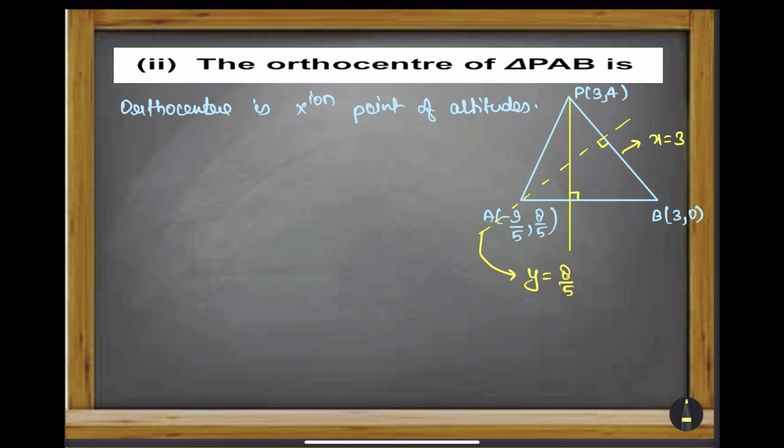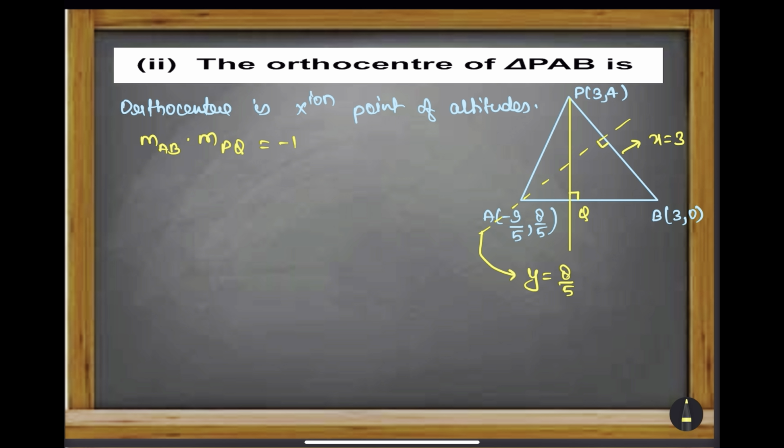Now I will draw a perpendicular on this line. Okay. Now I want to find out the equation of the line perpendicular to AB passing through point P. So if both lines are perpendicular, can I say that the product of the slope of AB and the slope of PQ would be minus 1.